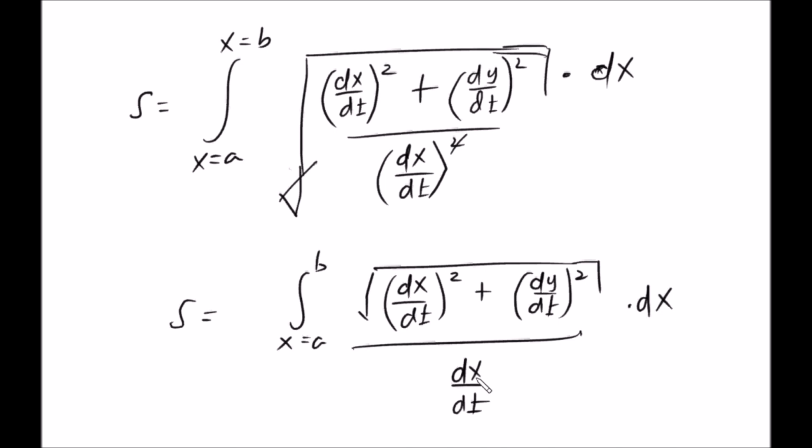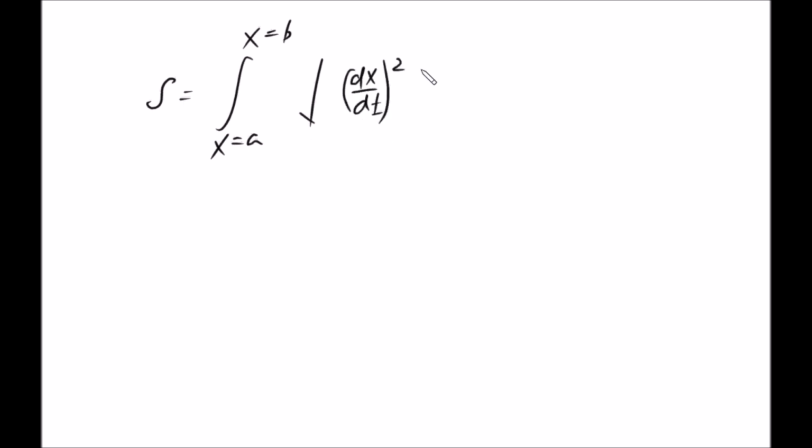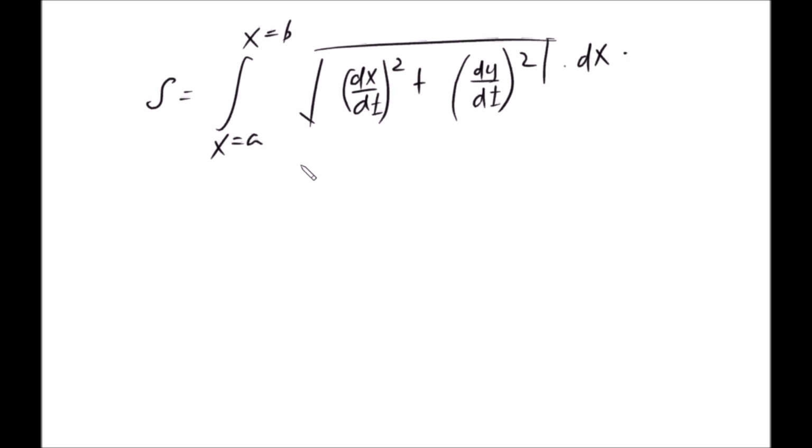So dx over dx dt, nasema dx times dt dx. Kwa hiyo s now is from x equals to a mpaka x equals to b, tuna huyo dx dt squared jumlisha dy dt squared ndani ya square root. Tulikuwa with respect to x, lakini sasa yule dx dt wa chini tumleta juu anakuwa dt dx.